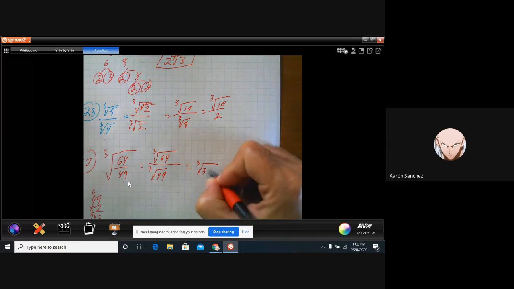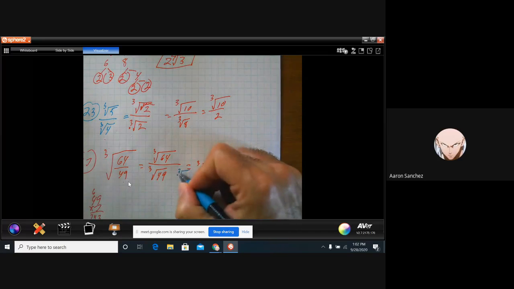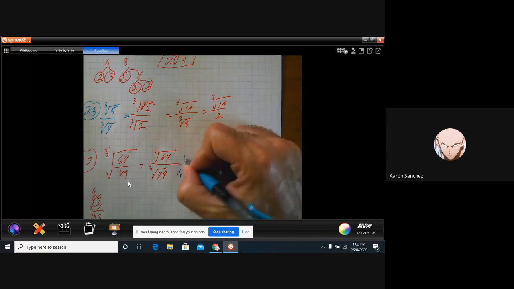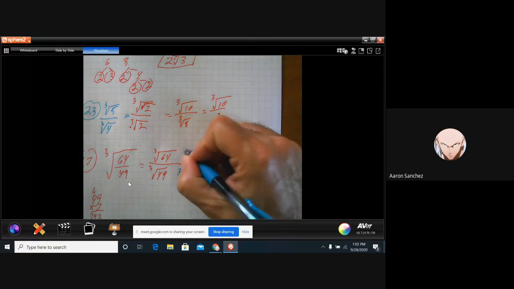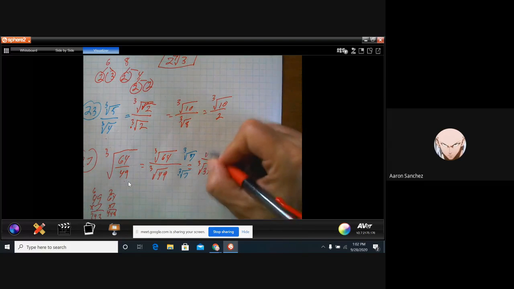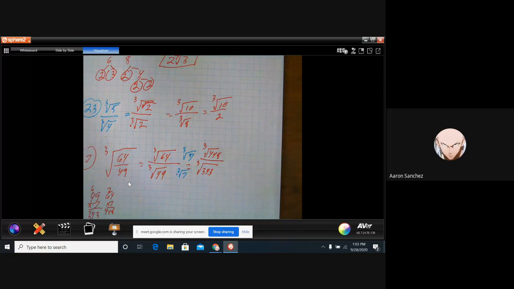So what did I do there? I multiplied by the cube root of 7 to make it a perfect cube, because 7 times 7 times 7 is 343. But I also have to multiply the numerator by the cube root of 7. So now 64 times 7 is 448.